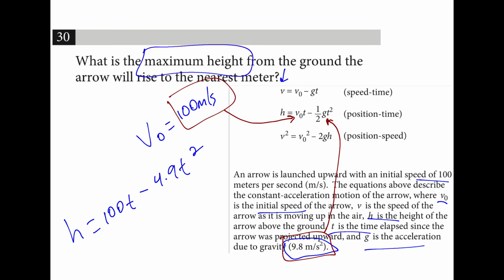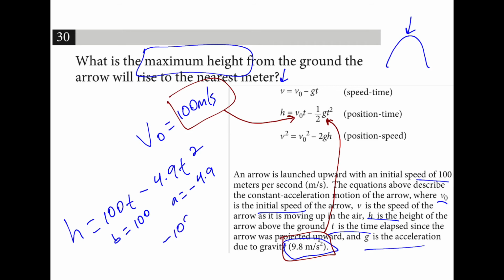If I'm looking for a maximum height, well, first of all, it's going to be a parabola like this, so I'm looking for the vertex. If I want to find the vertex, I need to take negative b over 2a. So the a value is always going to be in front of the x squared term, or in this case the t squared term, so it's negative 4.9. And the b value is in front of the x, or the t, so that's 100.